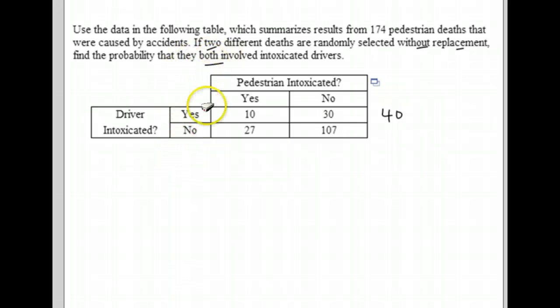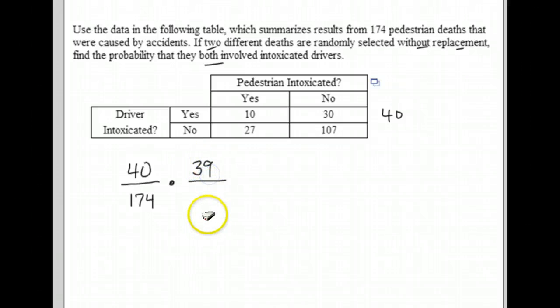So for them to both involve intoxicated drivers, it means the first has to and the second has to. So the probability the first involves an intoxicated driver is 40 out of 174, and the second one also involves an intoxicated driver. So this first one I picked was an intoxicated driver. I throw it out because I'm not replacing it, so it's not going back into the data set, so that means 39 remain.